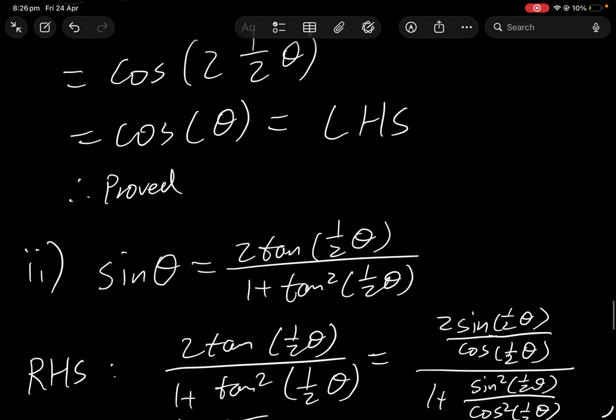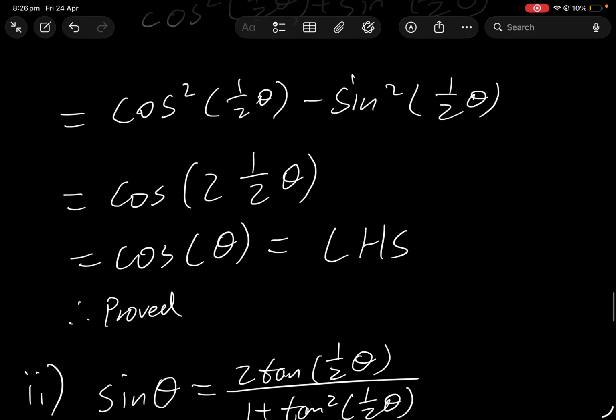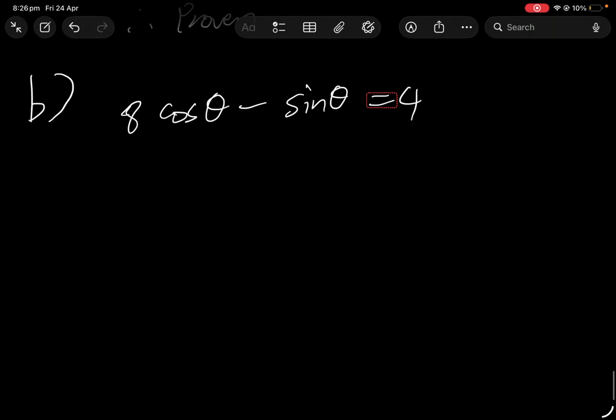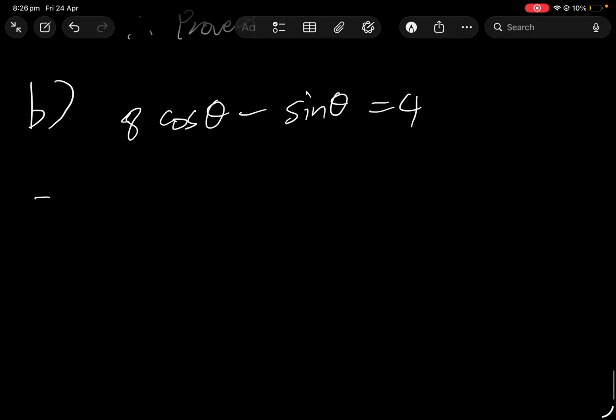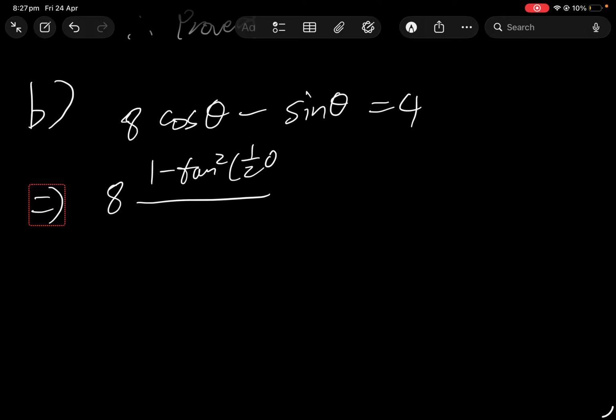So cos is equal to the, okay, I can just sub it in. So basically this just becomes 8 times 1 take tan squared a half theta over 1 plus tan squared a half theta.